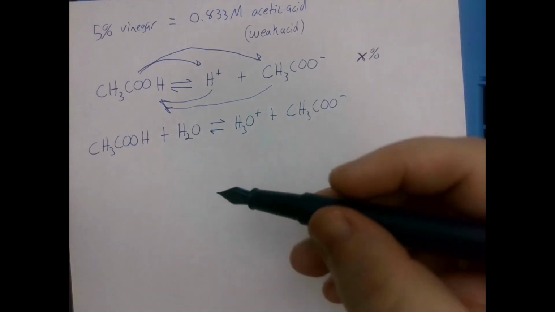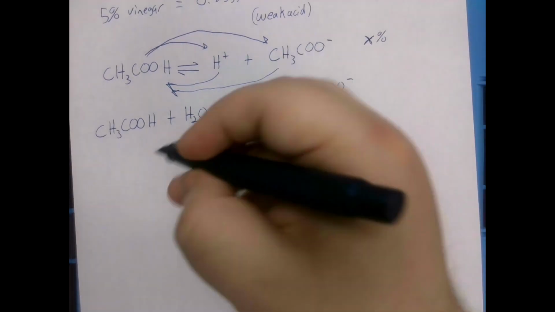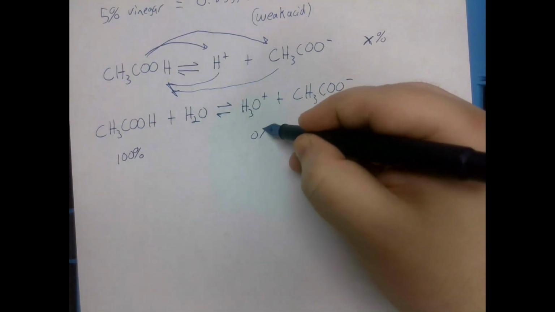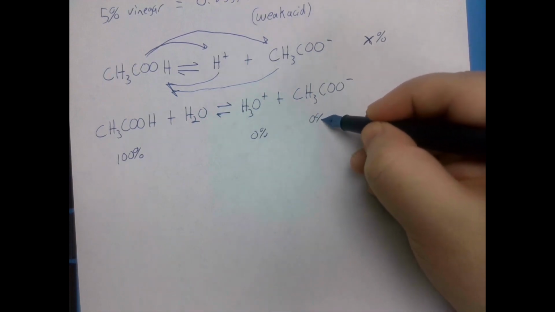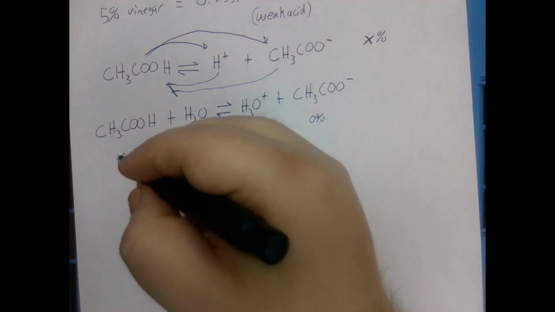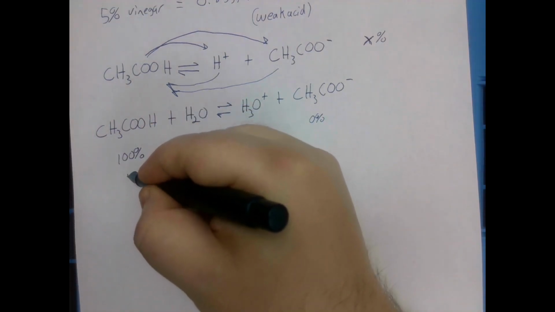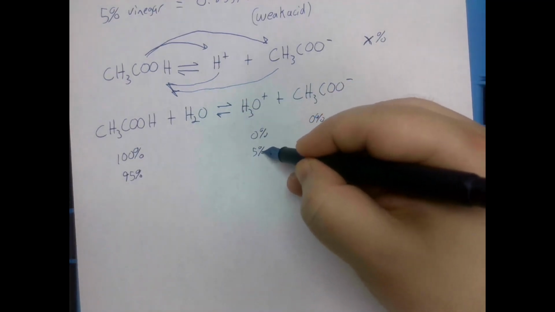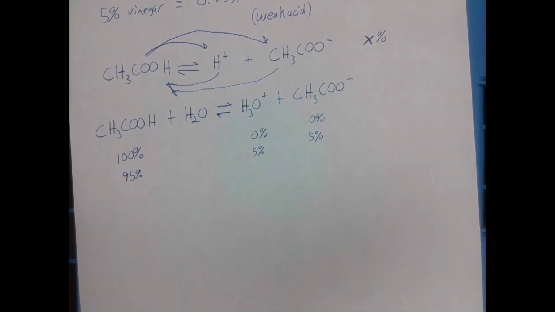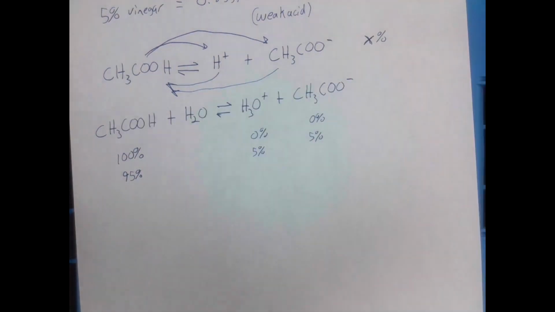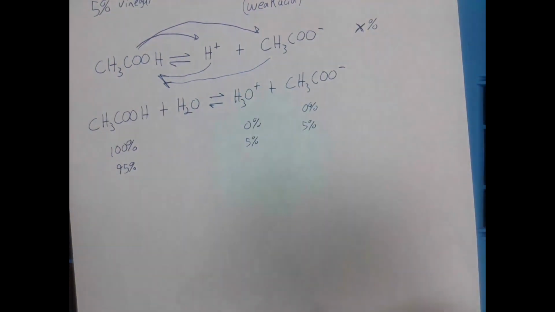Initially we have 100% acetic acid and 0% H plus ions. Eventually, this will go down to like 95%, and then we'd have 5% of these. Every time one breaks apart, we get one of each. It's a 1-to-1 ratio.